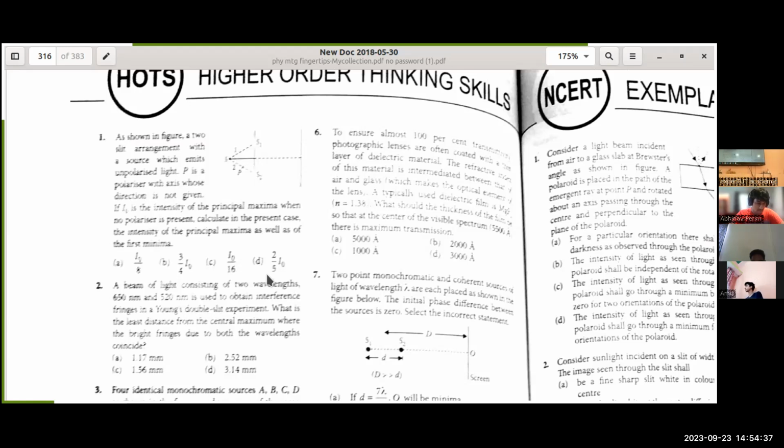Something with harmonics. ये वाला करना. क्वेश्चन नंबर 3 जो पिछले रोज का, ठीक है. 3 4 5.